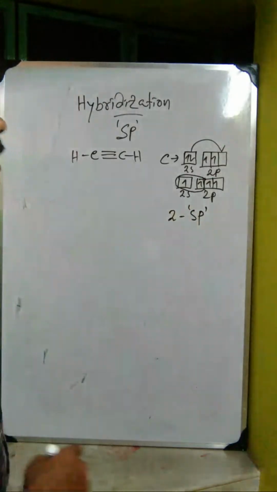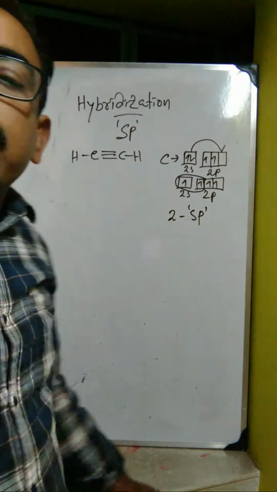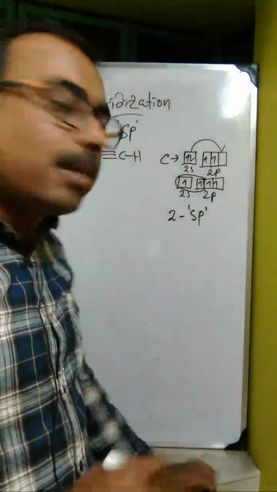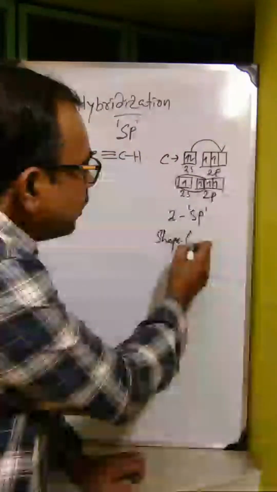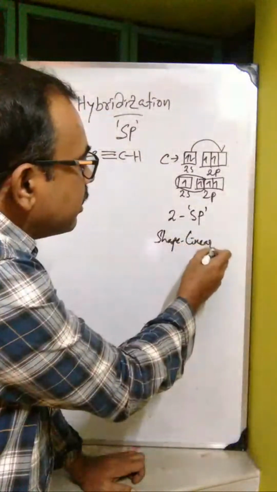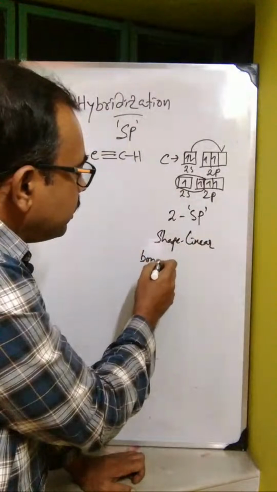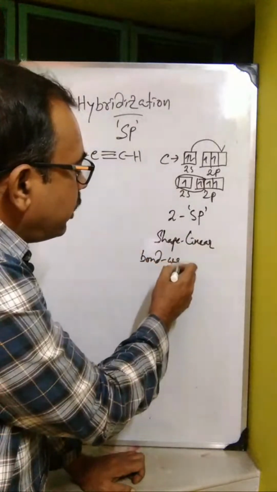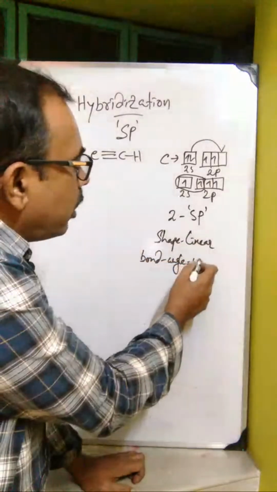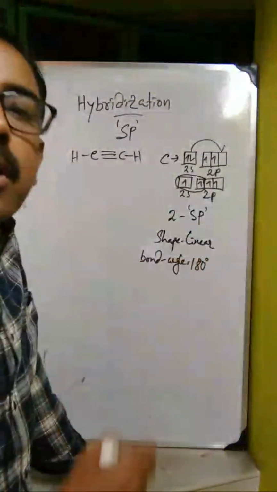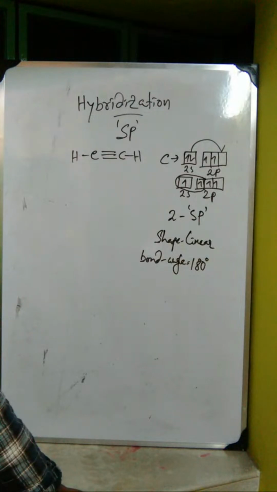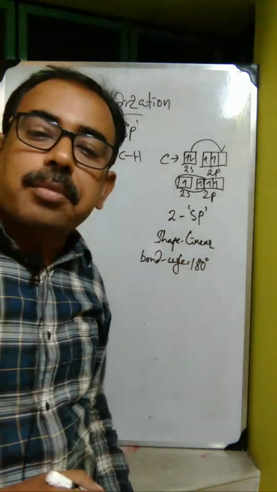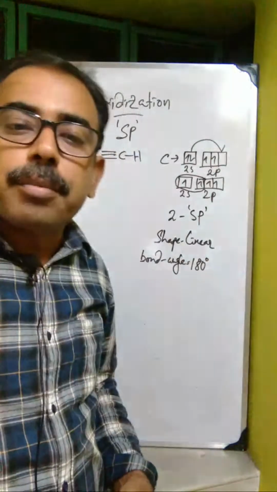For sp hybridization, the shape is linear, and the bond angle is 180 degrees. Now, how do those sp hybridized orbitals expose themselves around the central atom carbon? Of course, in a linear manner.